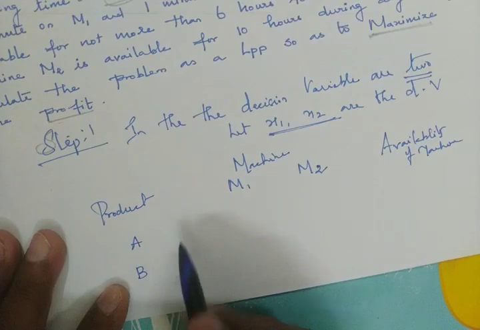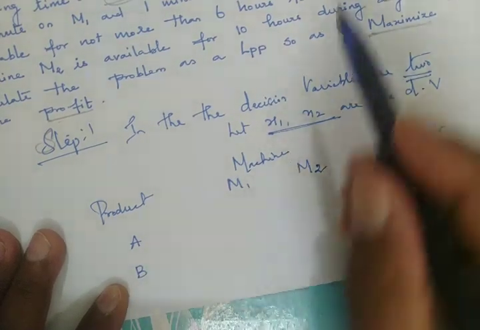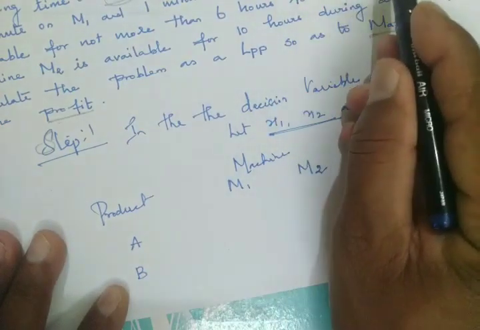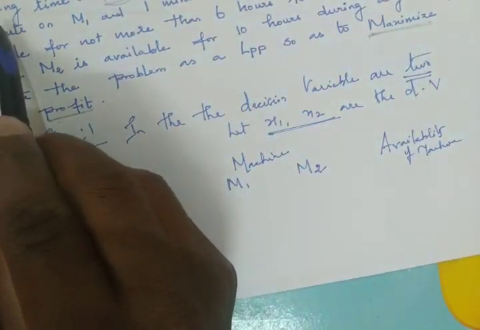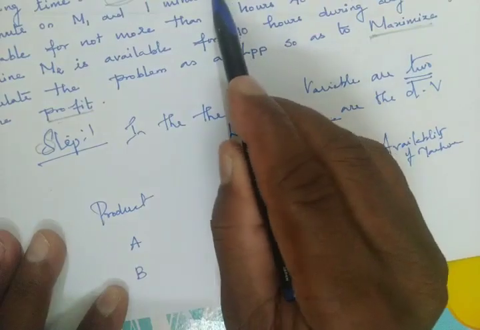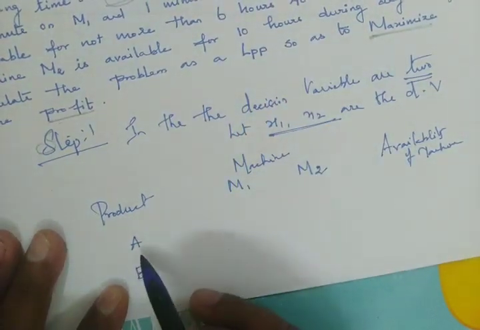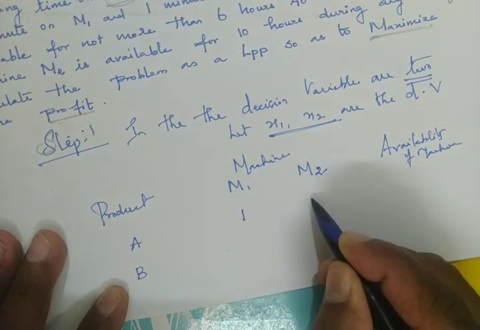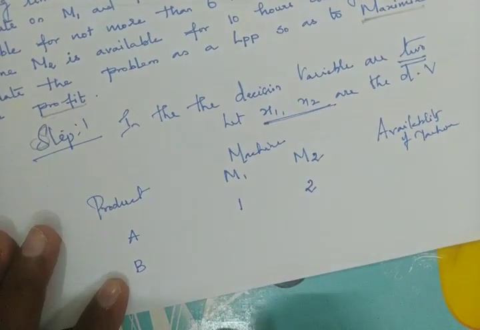Here product A is processed in machine 1. Product A requires 1 minute on M1 and 2 minutes on M2.